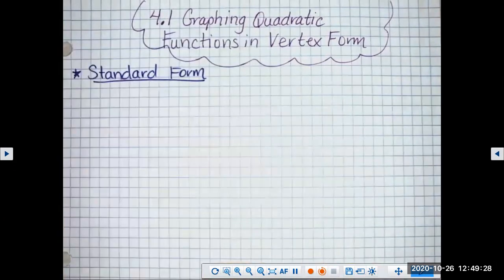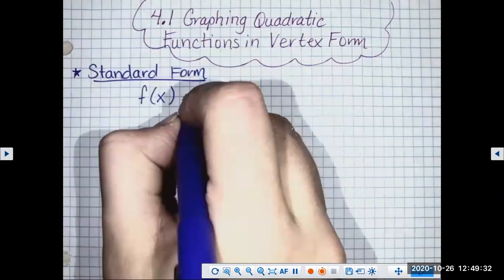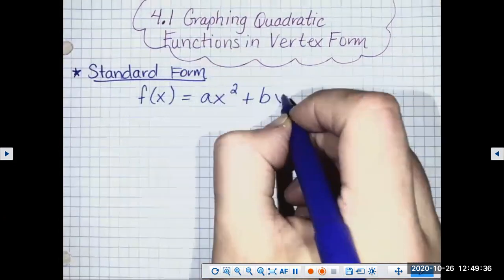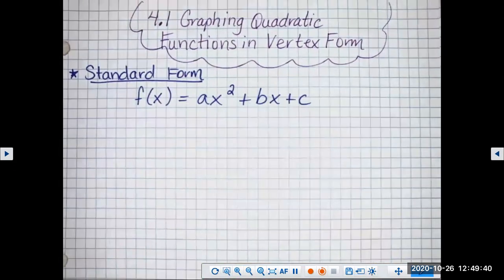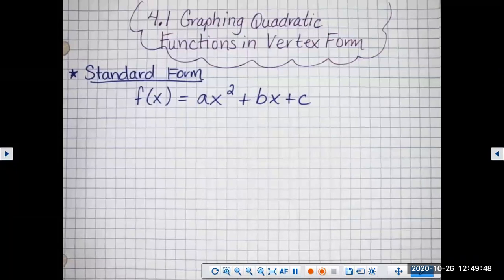All right, standard form is going to be f of x equals ax squared plus bx plus c. Everyone knows that f of x is simply another name for what? Function, and f of x is also known as y.